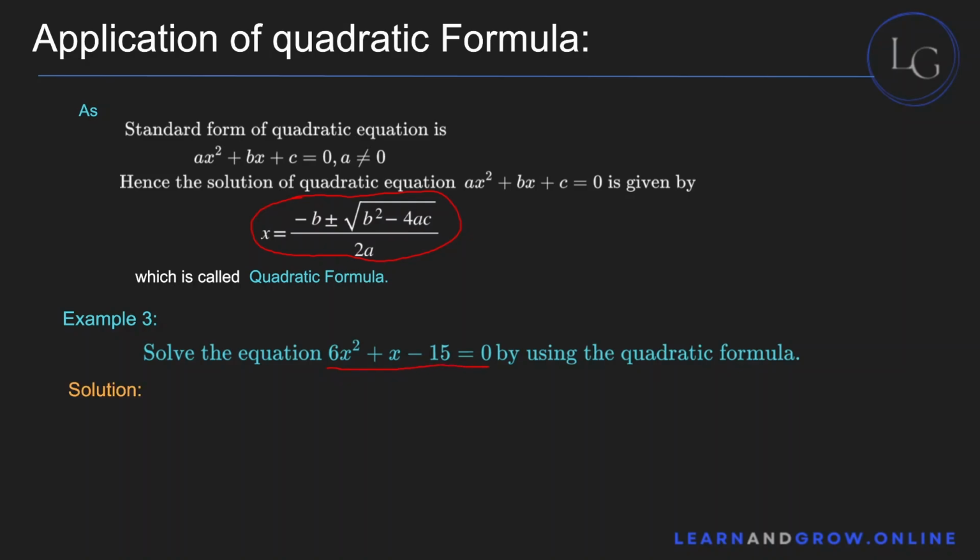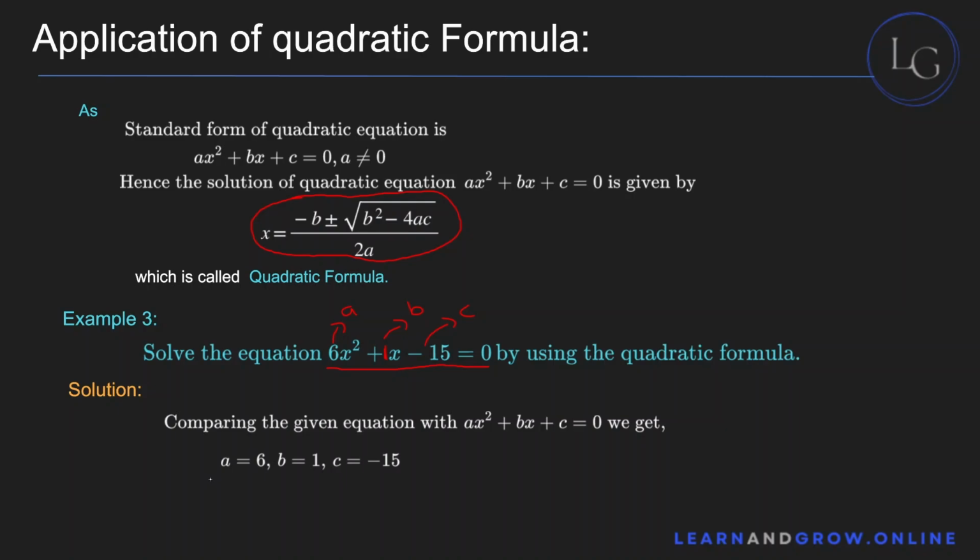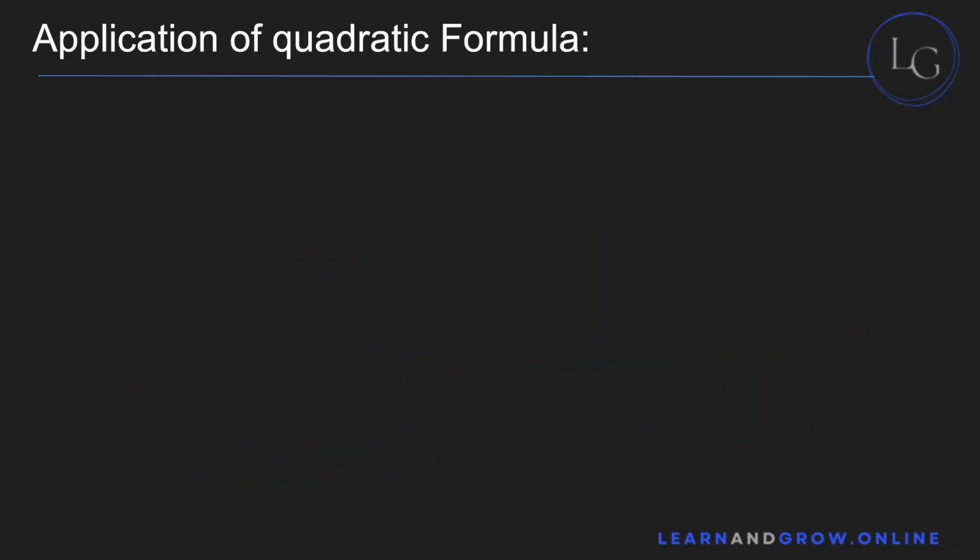You can see that the value of a here is 6, the value of b here is plus 1, and the value of c here is minus 15. So you have these three values, and you'll plug them into this equation to get the values of x.